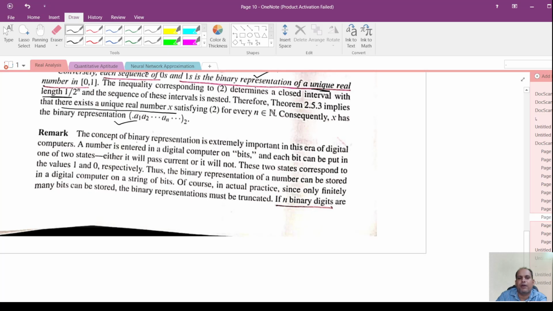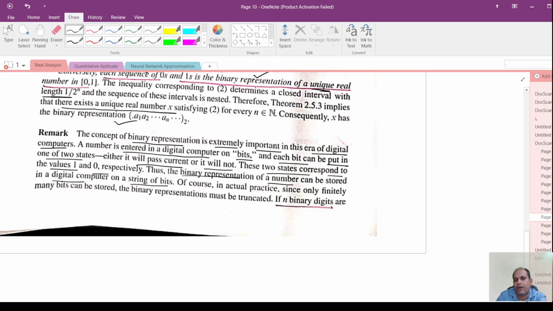The concept of binary representation is extremely important in this era of digital computers. A number is entered in a digital computer in bits, and each bit can be put in one of two states: either it will pass current or it will not. These two states correspond to the values 1 and 0 respectively. Thus, the binary representation of a number can be stored in a digital computer as a string of bits.